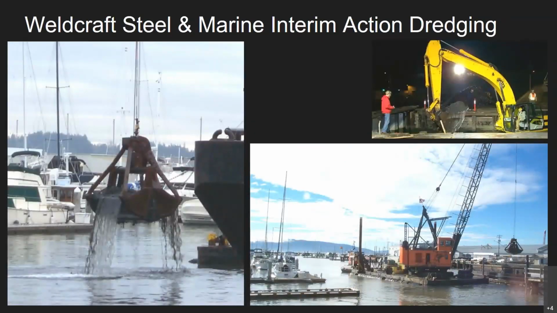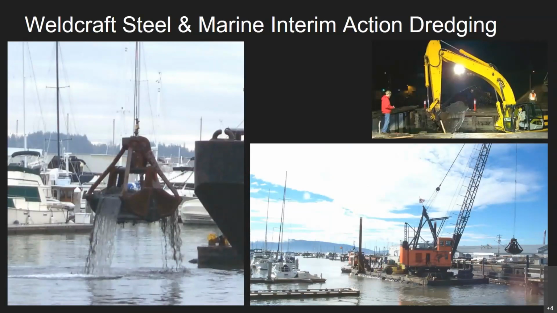So another example is an interim action, some dredging that occurred in 2004 on a site that's located along Bellingham Bay, the Weldcraft Steel and Marine. If you think of the semicircle pattern of Bellingham Bay, it's more on the north side of the bay and in Bellingham. So this location, it's kind of just more of a visual for you all to see.